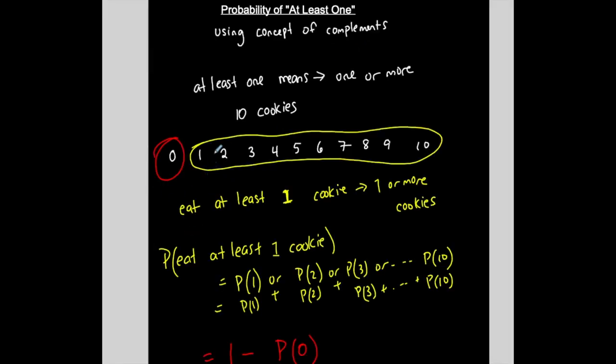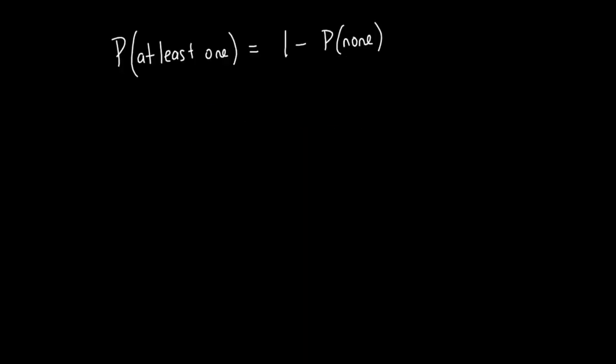Overall formula rule: if I want to calculate the probability of at least one of something, I can always make it easier for myself and say this is the same thing as 1 minus the probability of none of that scenario, right? If I want the probability that I eat at least one cookie, it's the same thing as doing 1 minus the probability that I eat no cookies. And I'm going to show you examples of these situations in a second.